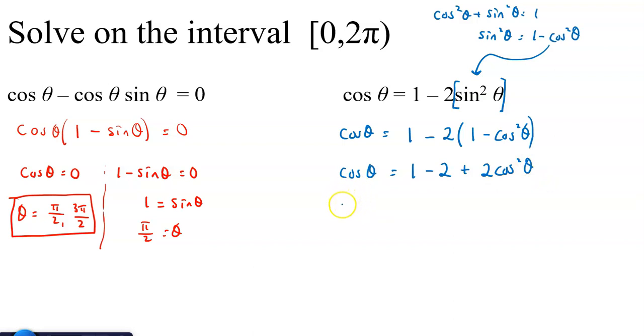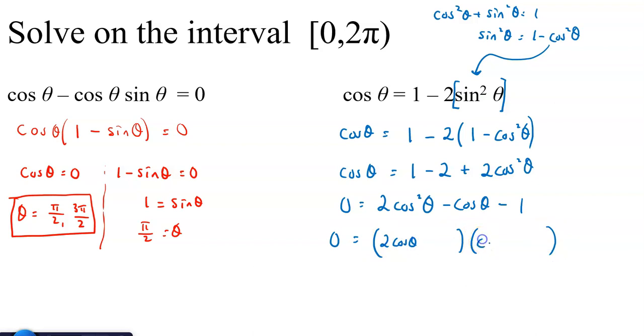Move the cosine over to the other side, and I get 2 cosine squared theta. Subtract the cosine from both sides, so I get minus cosine theta. And then 1 minus 2 is just negative 1. Now, we can factor this. I hope. This will give me a 2 cosine theta here and a cosine theta there. Those are the only two things that will multiply to be a 2 cosine squared theta.